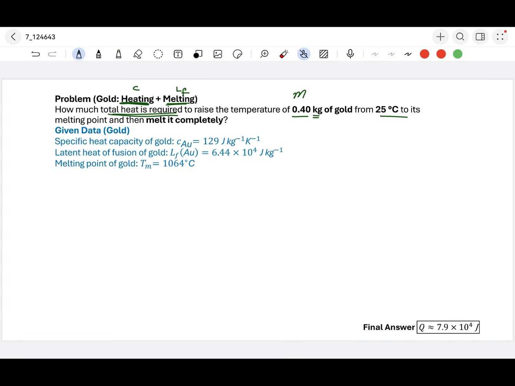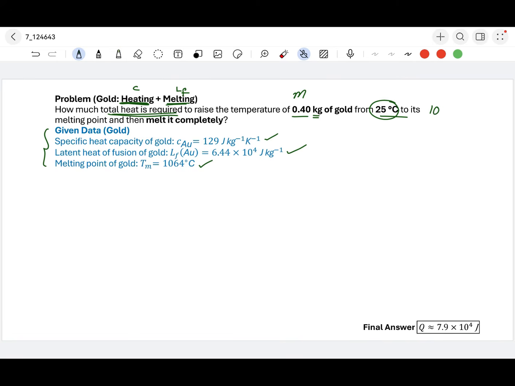In order to solve this problem, we need the gold information. That is, the specific heat of the gold is given, and latent heat of fusion of gold is given. Melting point is given. So the temperature is from 25 degrees Celsius to its melting point.